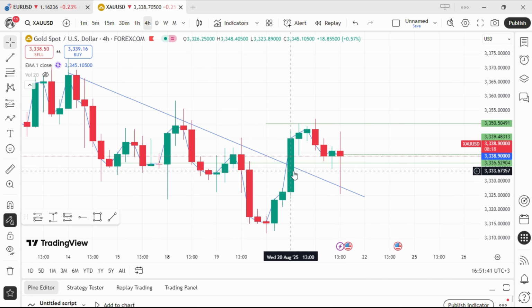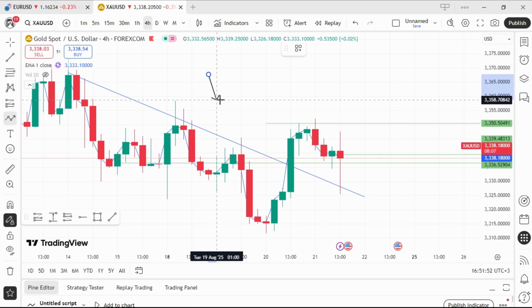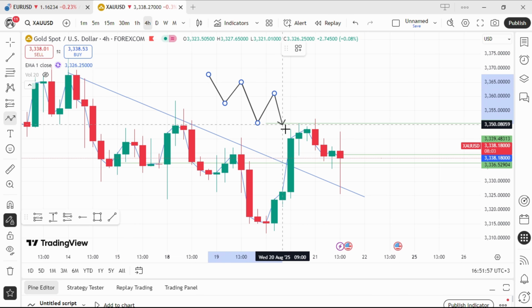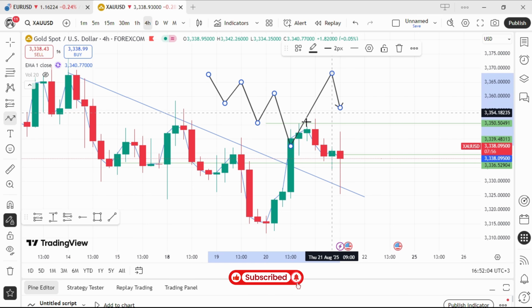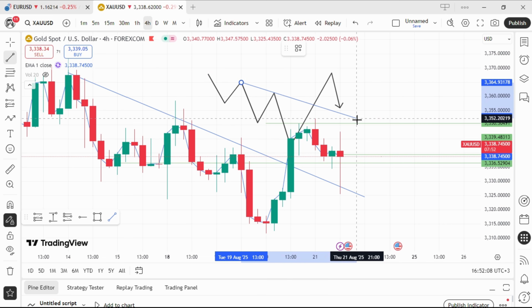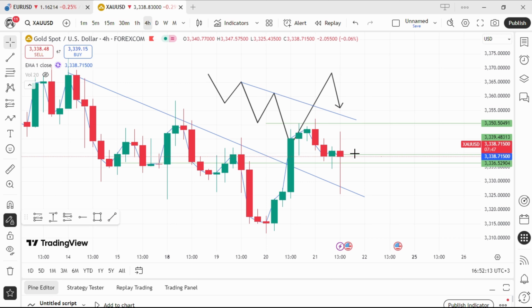So as you can see, right here we have a broken trend line with momentum to the upside. Now, usually when trend lines break, I hope you still remember the rules of trading trend lines, whereby the next low has to take out the previous one.